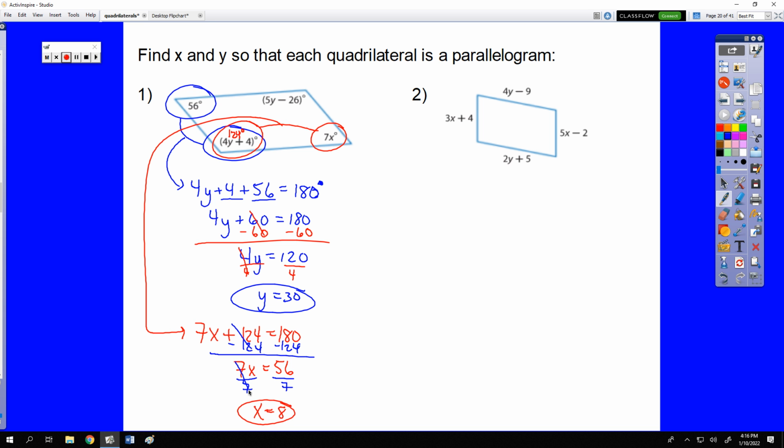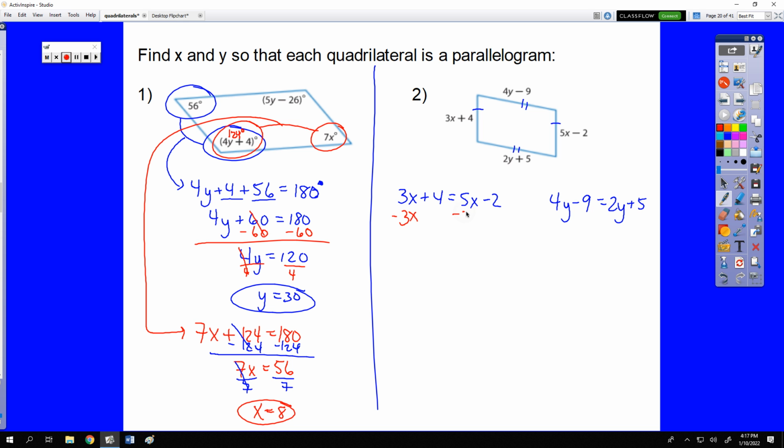Same thing can be done with opposite sides. If this is a parallelogram, then opposite sides have to be congruent. So that would allow us to set up two equations, one for x, 3x plus 4 would have to equal 5x minus 2, and one for y, 4y minus 9 would have to equal 2y plus 5. In both cases, we would isolate the variable. So in this case, subtract 3x and add 2 to each side.